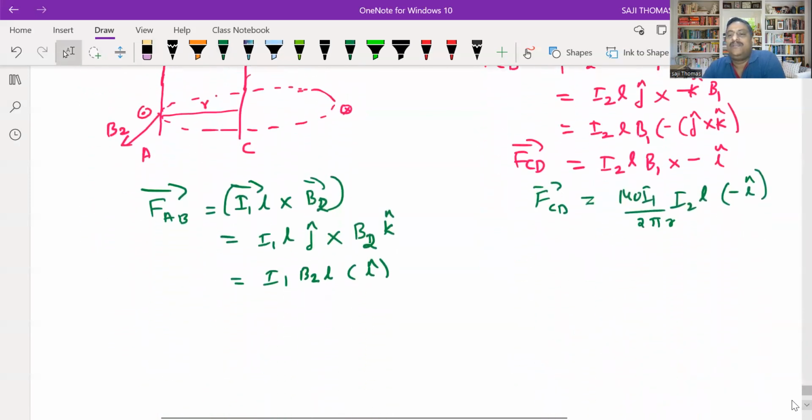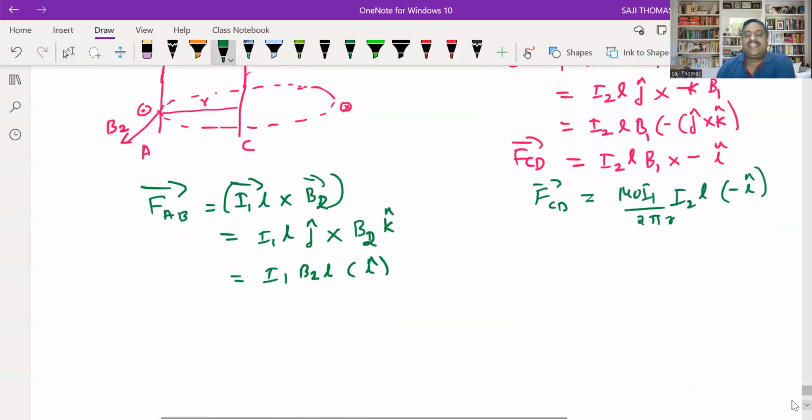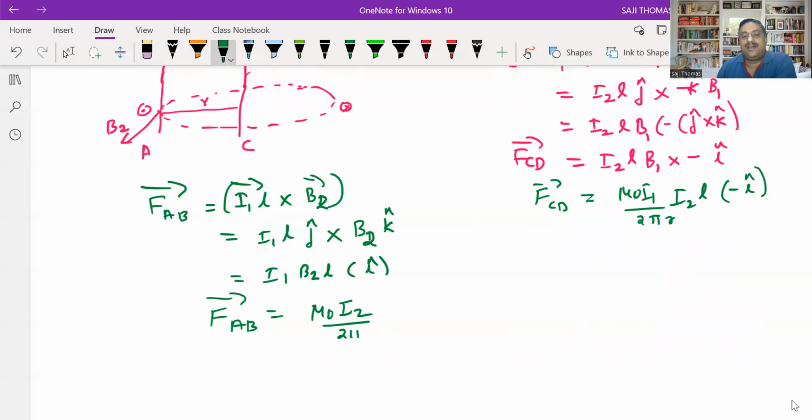So we can write FAB as, with B2 as mu 0 I2 by 2 pi r, I1 L into I hat.